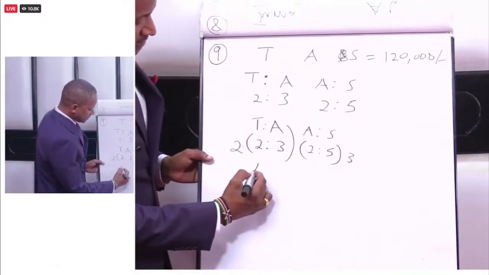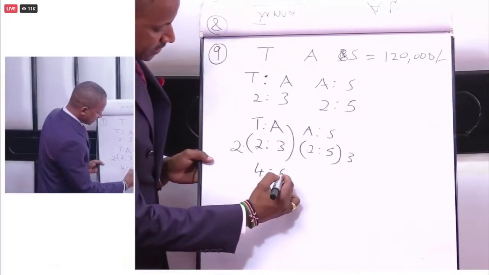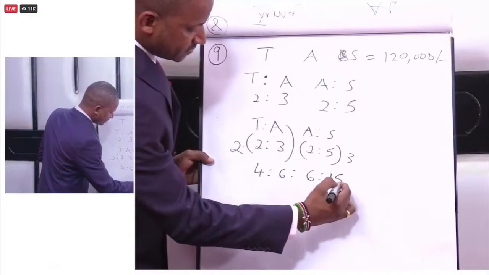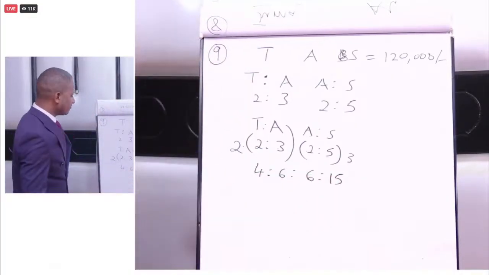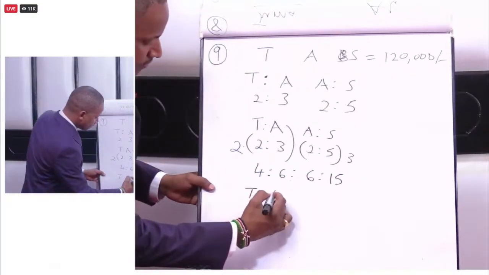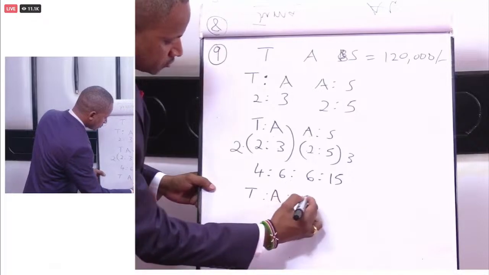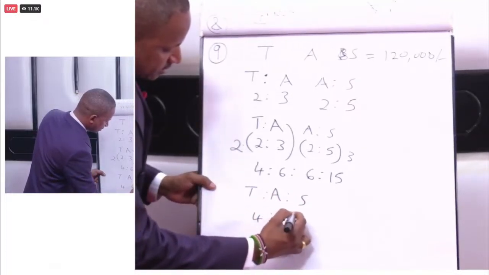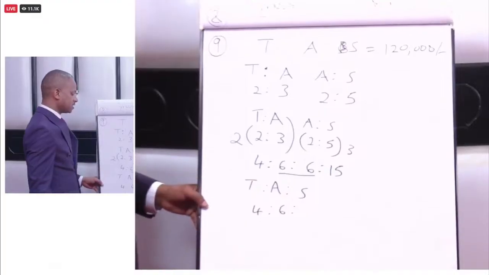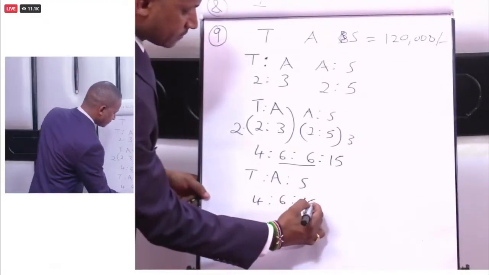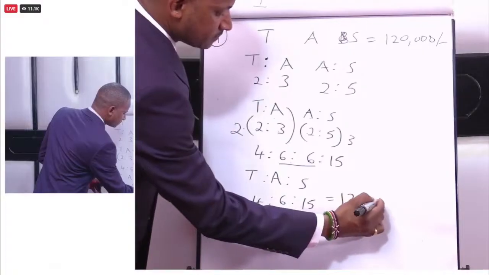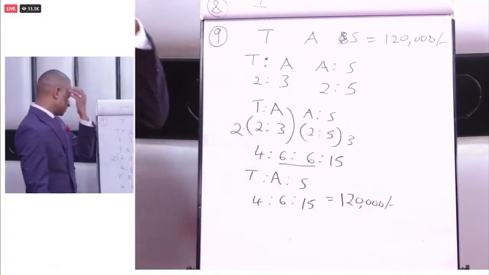Then you open it. This is 4 ratio 6 to 6 ratio 15. So therefore, you have a clear ratio here of Tumaini to Abu to Sifuna, which is 4 to 6 to 15. Now you see this is harmonized. They contributed a total of 120,000 shillings.